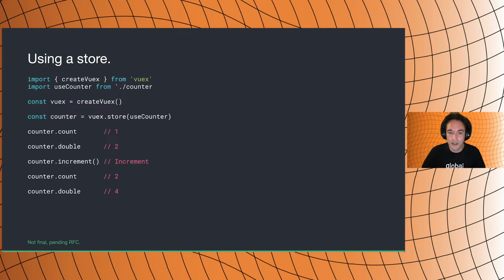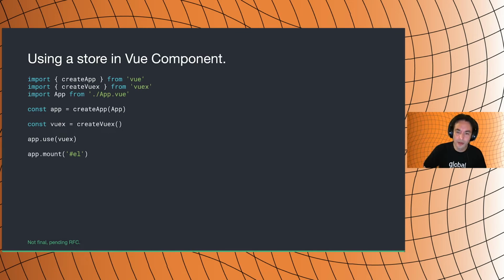But how do we use it inside a Vue component? At first, you need to pass the Vuex instance to the app.use method. This is going to install Vuex into the Vue app instance, and you'll get access to the Vuex instance inside the Vue component. So essentially, here we're installing Vuex to Vue.